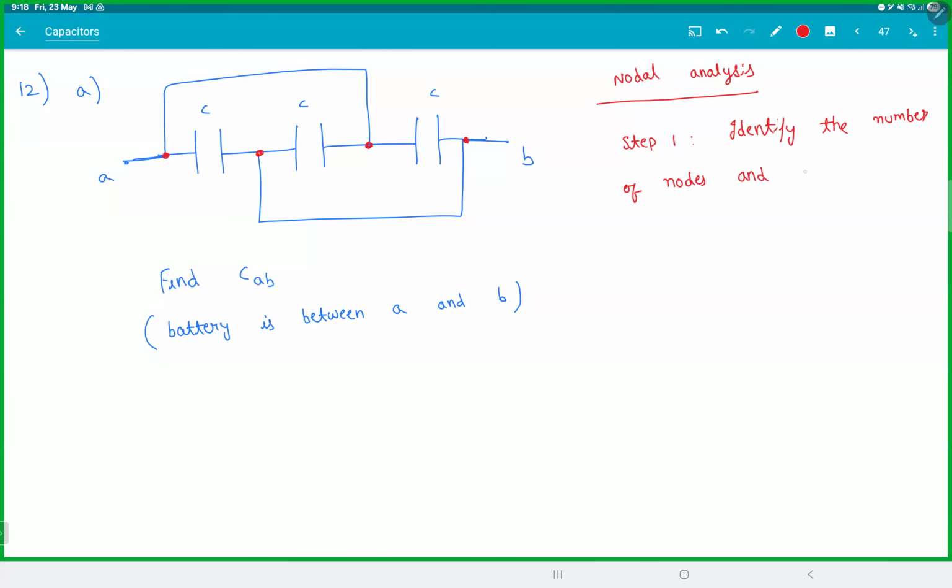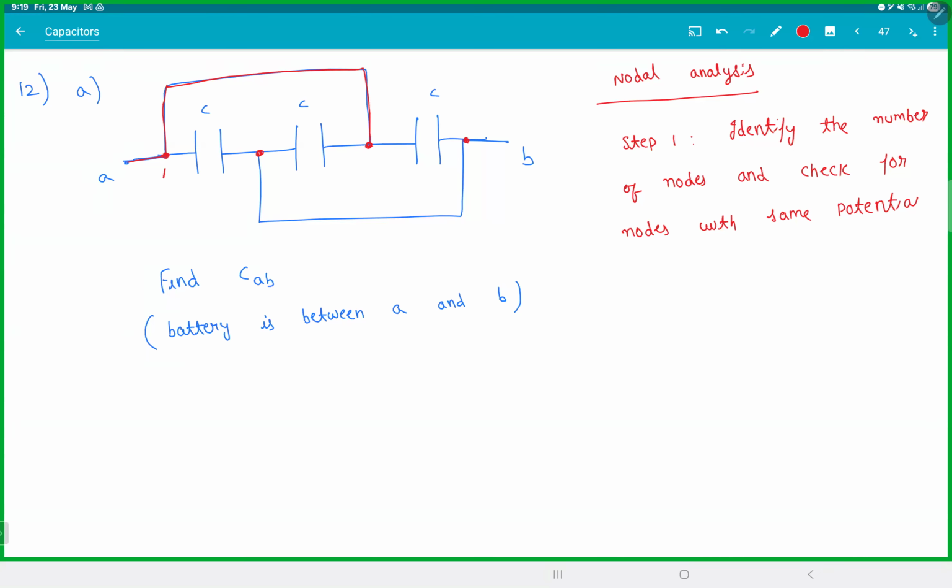And check for nodes with the same potential. Maybe they're connected with a wire, or maybe there's some kind of symmetry. Sometimes you can see and tell, yeah, these two are looking identical. So figure out if any nodes have the same potential. Now I know this point is connected with a wire, so this entire wire must have the same potential.